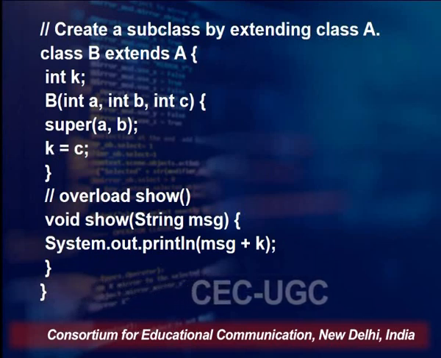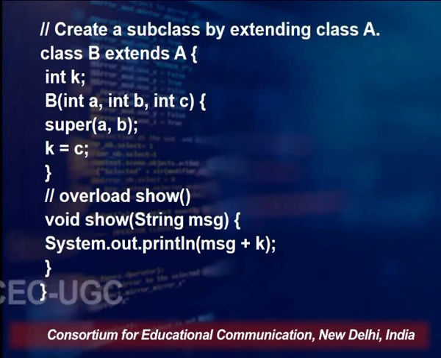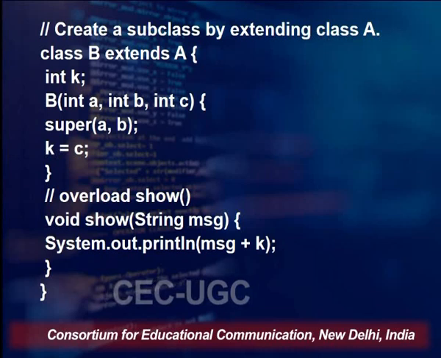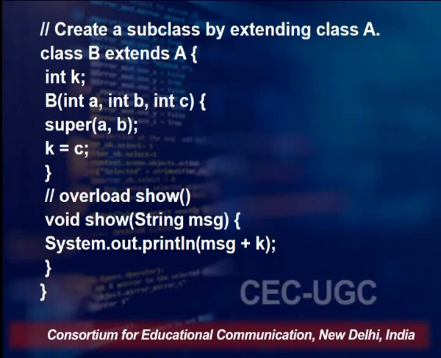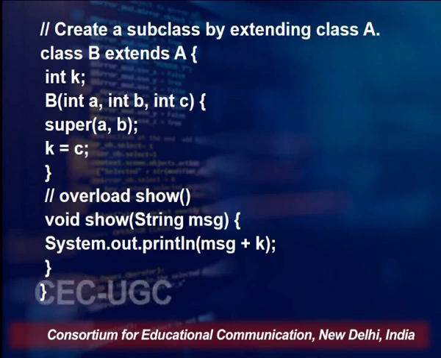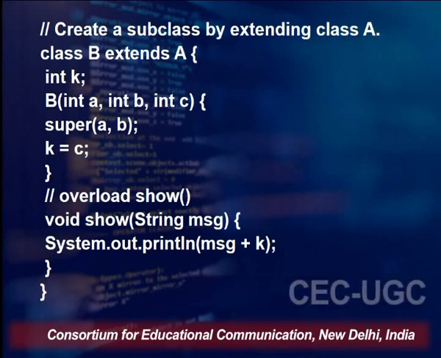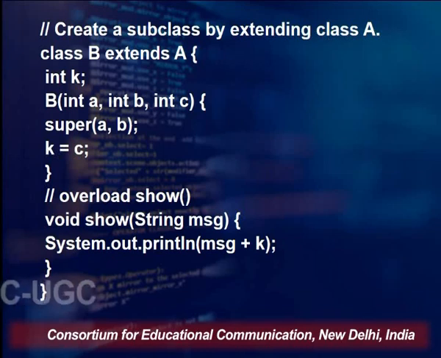Class B extends A, and an overloaded example of show is void show, where the signature is changed. Instead of having no parameters, one string variable is passed to the show method, and then that message plus the value of k is printed.